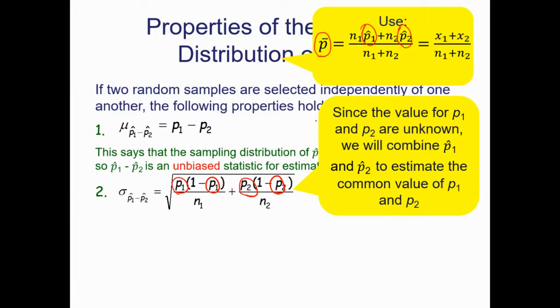On AP, instead of saying P bar, they say PC for P common. That's the only difference. So anytime we do this, we replace P1 and P2 with P bar, when calculating sigma. Don't do it in the top. We're calculating the sigma of P hat 1 minus P hat 2.